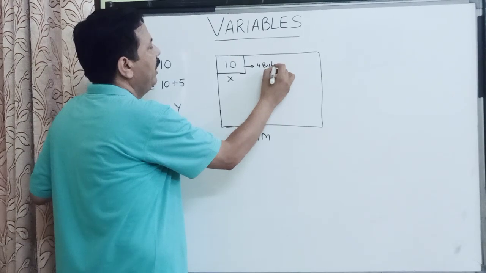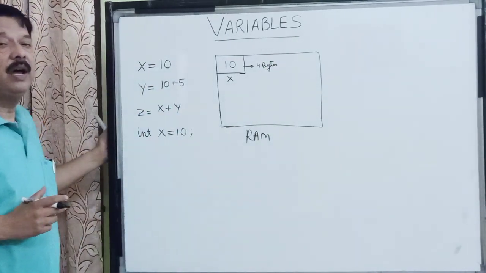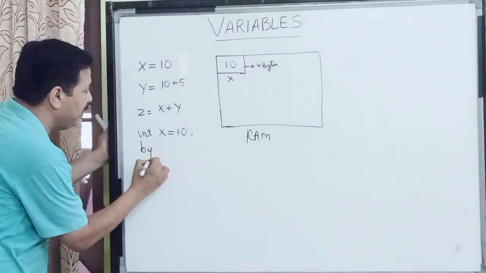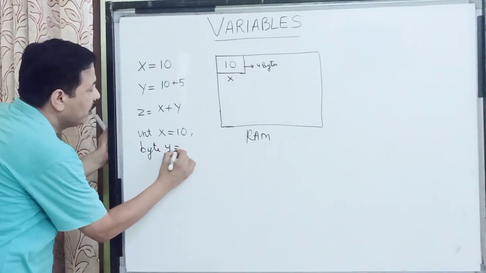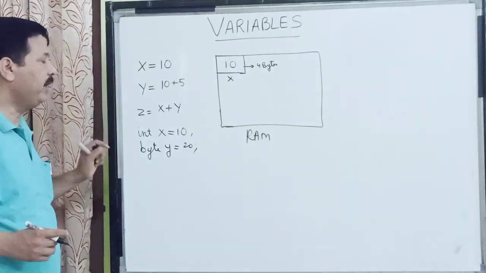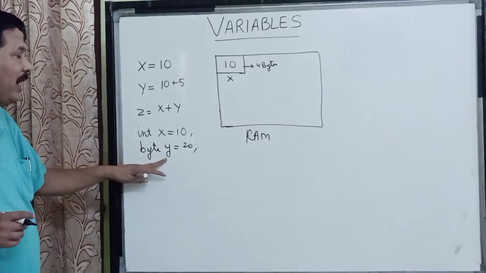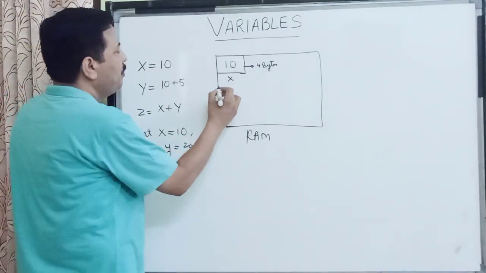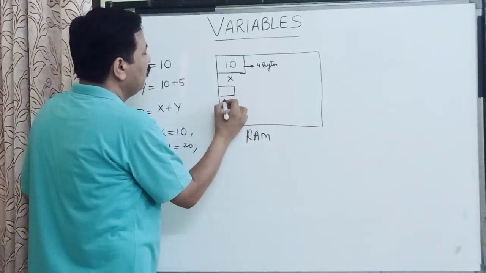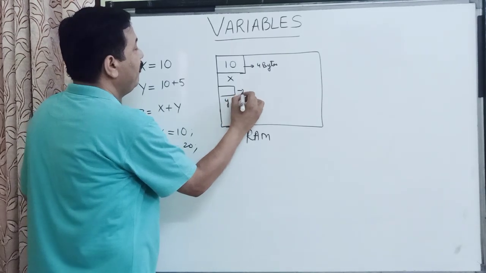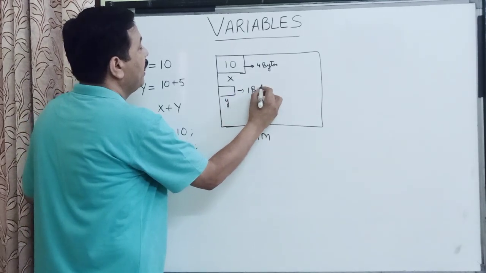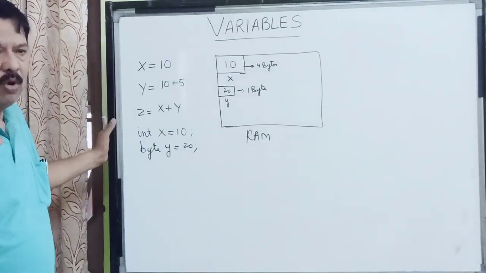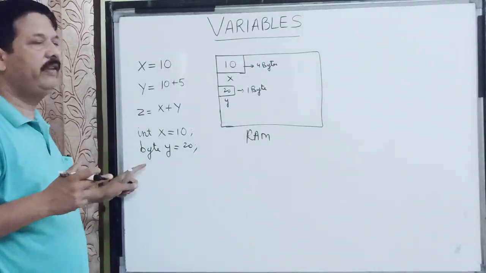So since the location occupied by an integer data type is 4 bytes, say if I say some variable is of type byte, y is equal to say 20. So here I am declaring a variable y of type byte in Java. So when I use byte, it means that it is going to occupy 1 byte of memory in the computer, and it can hold only a range of values which is defined under this data type.